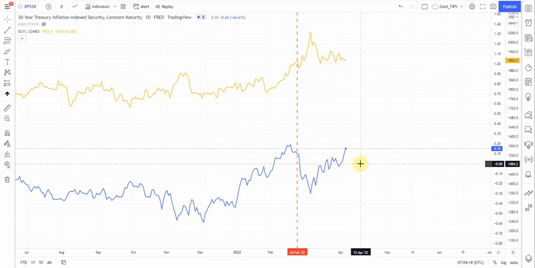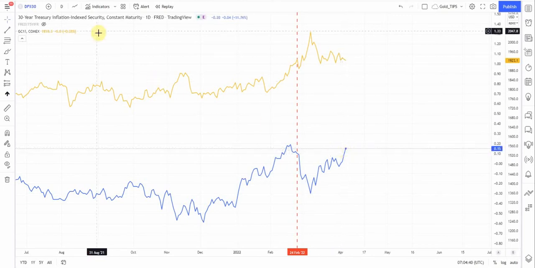So this is the 30-year real yield in the United States, and you can see that it turns positive. Recently it was negative, but here it starts flowing into the positive area, which works as a bearish factor for all dollar rivals, including gold and the currencies. This is about the real yields.